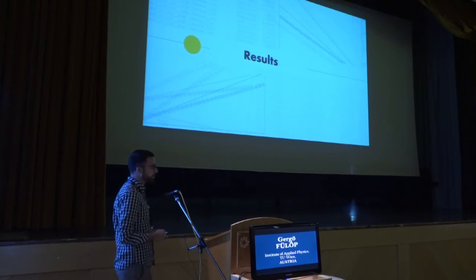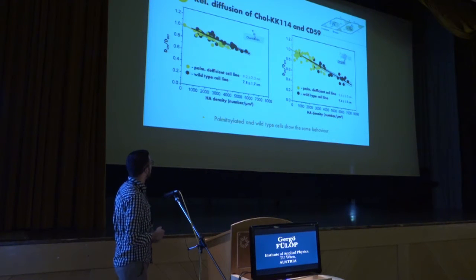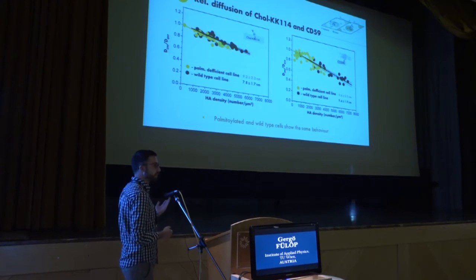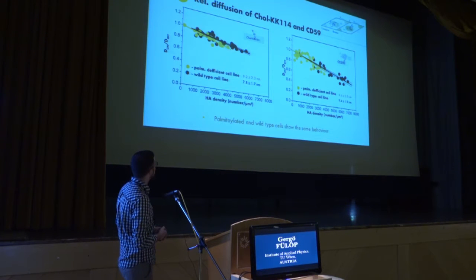So if we look at the results, first I depicted here cholesterol, when I measured the diffusion of cholesterol with 2 different cell lines. The first cell line was with the hemagglutinin with palmitylation sites, and the mutant cell, which didn't have any palmitylation sites.